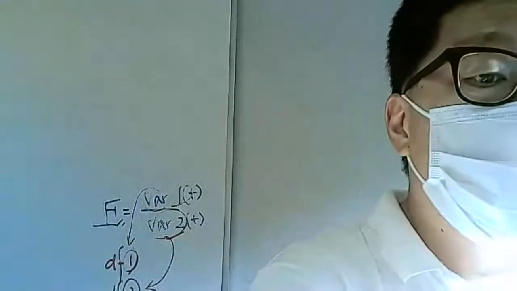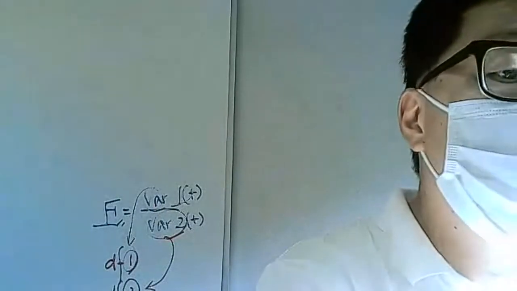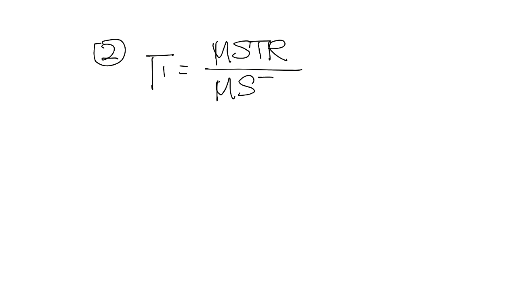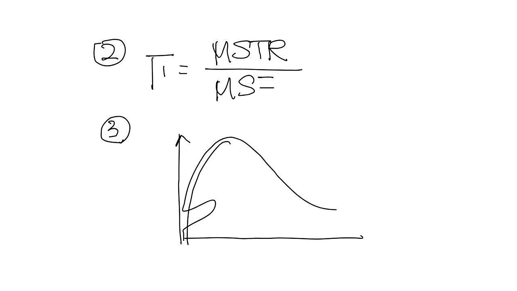So now let me go to the second step. The F test statistic was MSTR over MSE. I told you we are going to take the p-value from the F distribution. Generally, the F distribution, I'm sorry, where's the eraser?